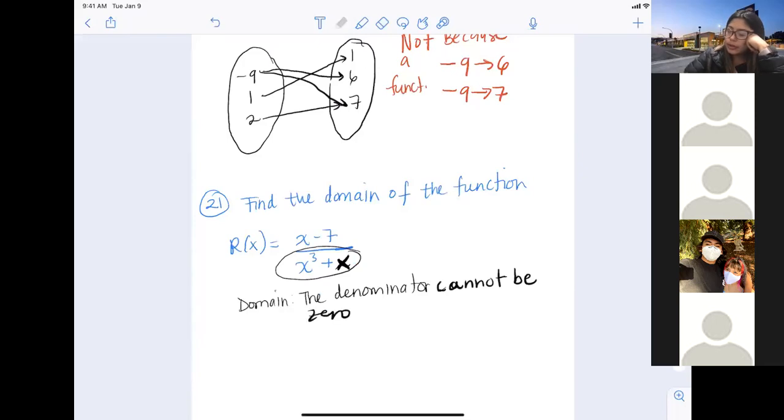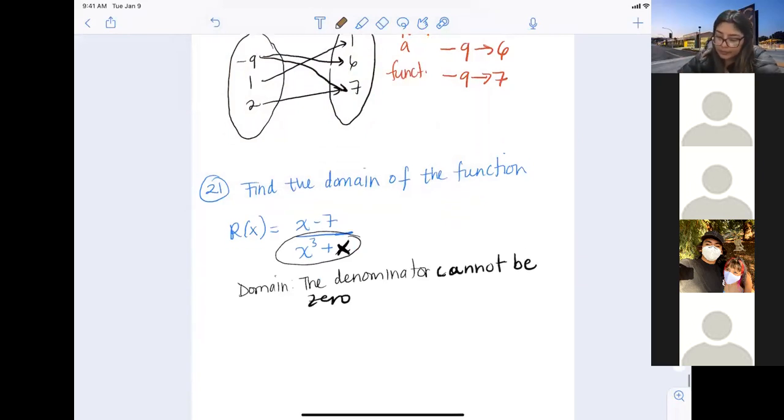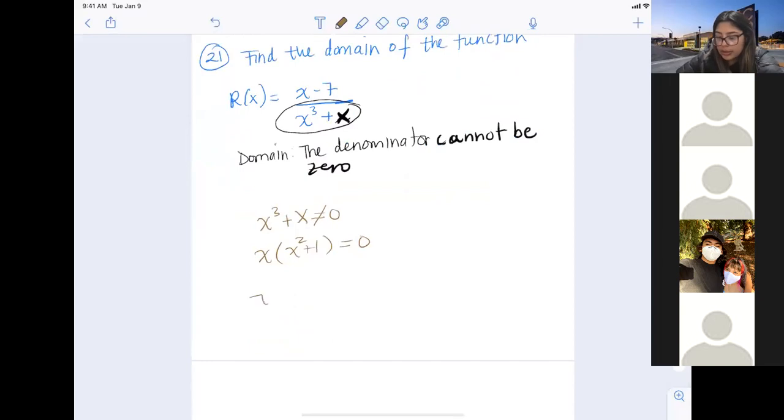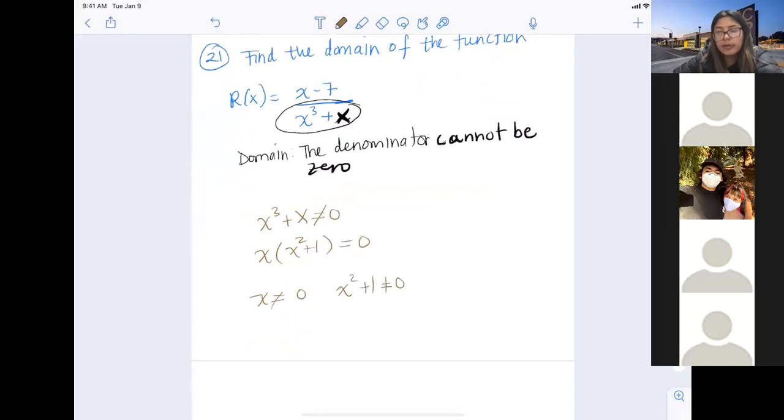So to find the domain, you have x cubed plus x, set it equal to 0. Then you factor: x times x squared plus 1. So x cannot equal 0, and then x squared plus 1 cannot equal 0.